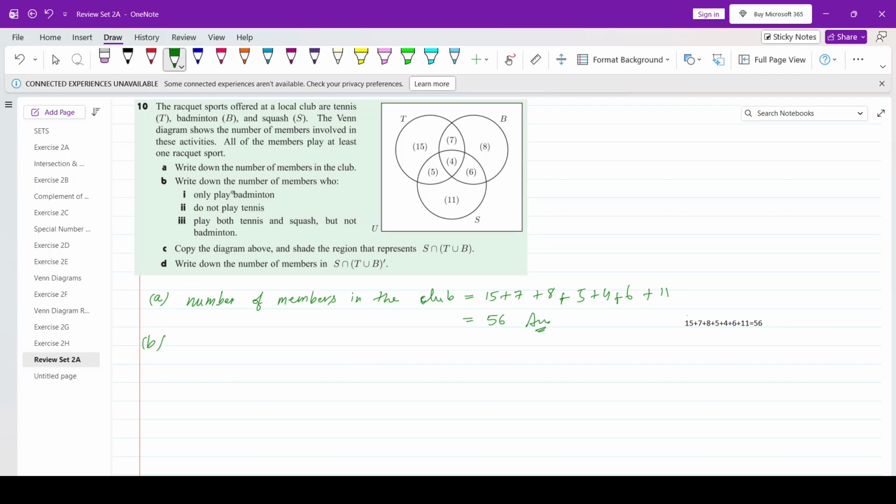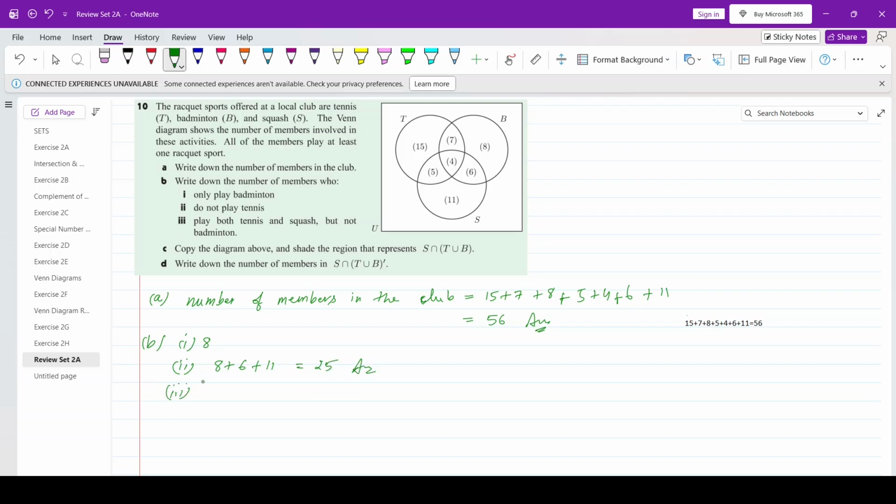Part B says write down the number of members who only play badminton. So the answer is 8. Do not play tennis is going to be 8 plus 6 plus 11. That is going to be 25.